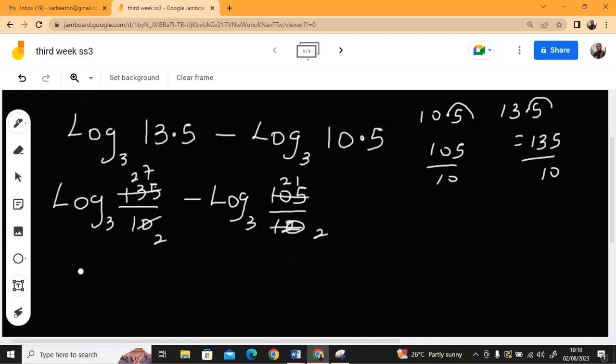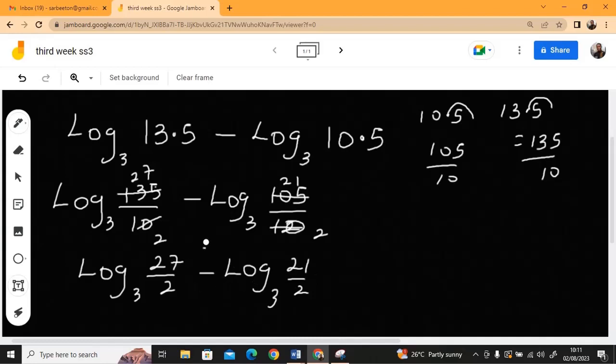So we have log base 3 of 27 over 2 minus log base 3 of 21 over 2. Is it 27? Yes, 5 in 10 is 2, 5 times that is 27. Now in this one, I apply the laws of logarithm.